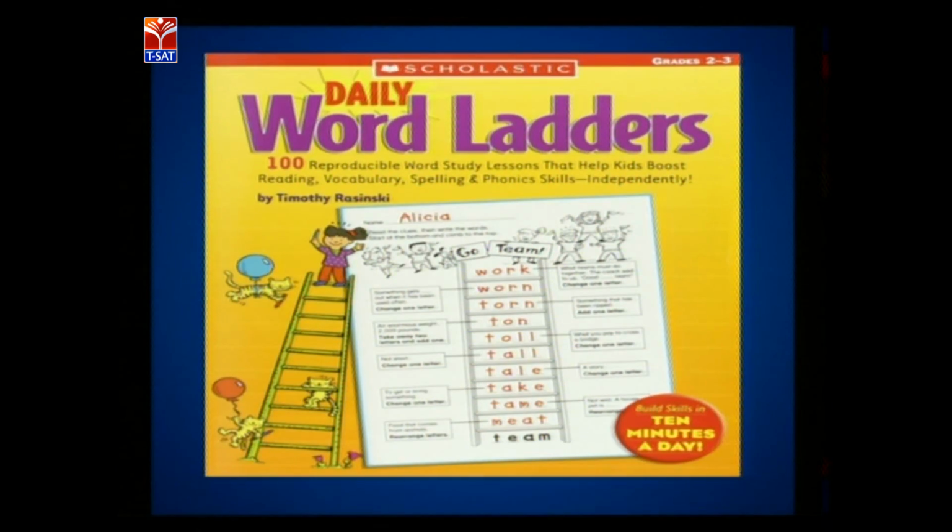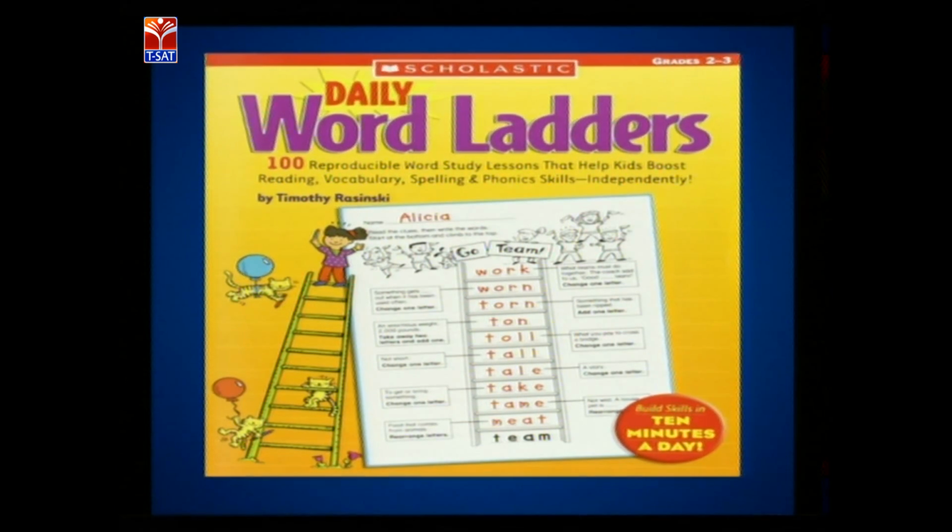So this is a ladder. Slowly we get the words, move further and reach the top. The words are team, meet, tame, take, tail, tall, ton, torn, worn and work. Of course, there are clues. Out of clues we get those four-letter words and slowly we reach the top.